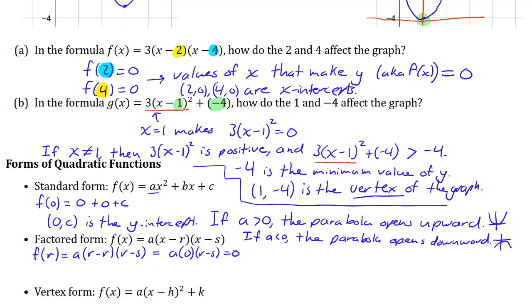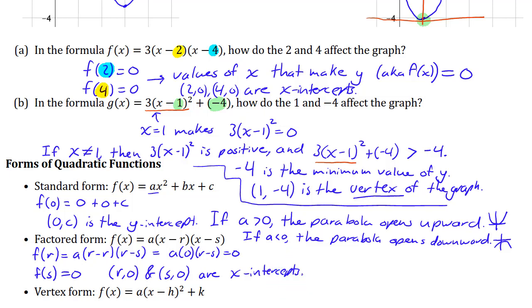The same thing is also true for s. If you plug in s, you make the x minus s factor 0, so that's also 0. So the factored form actually tells you the x-intercepts. (r, 0) and (s, 0) are x-intercepts.